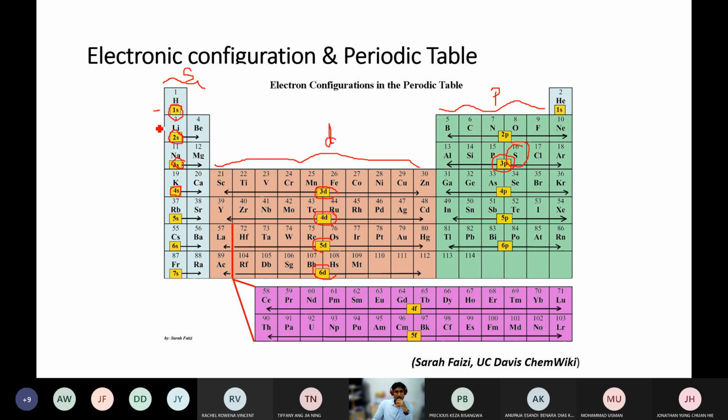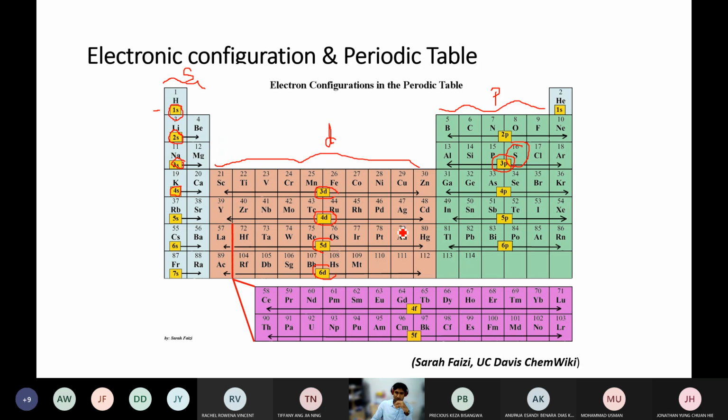Due to this division into the s, p, and d blocks, we can find where to look for the elements if we know the electronic configuration.